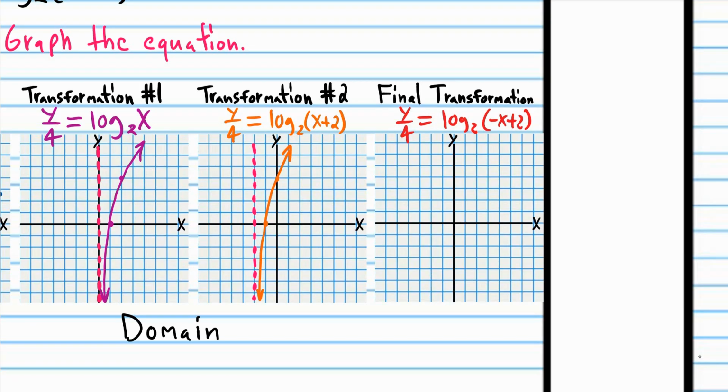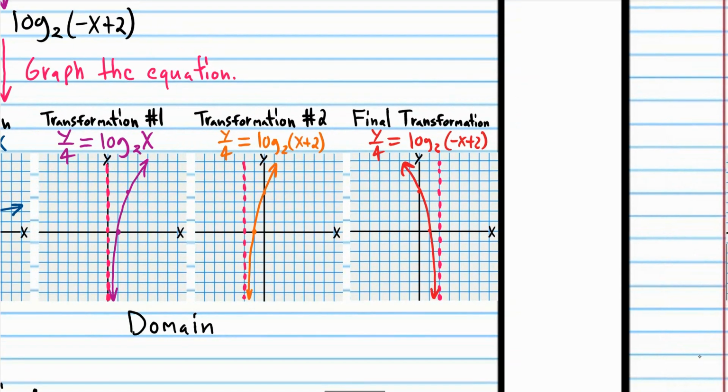It's going to move it to the other side. So in this case, the asymptote actually did change positions. So we get the following graph. Again, your graph doesn't have to be perfect.